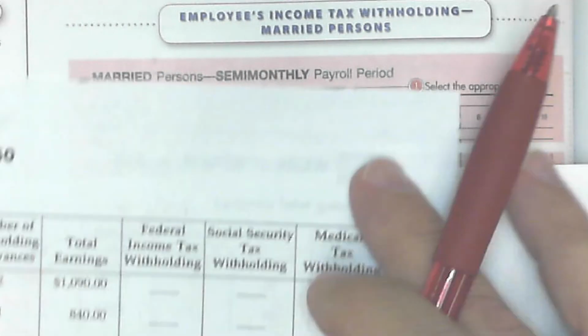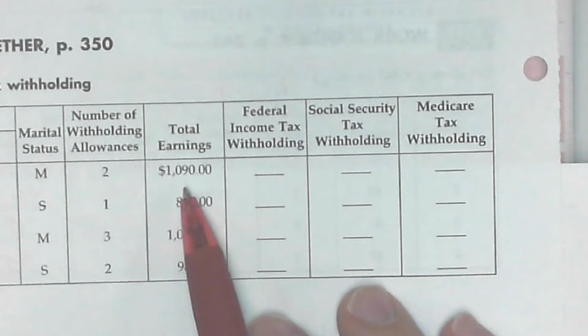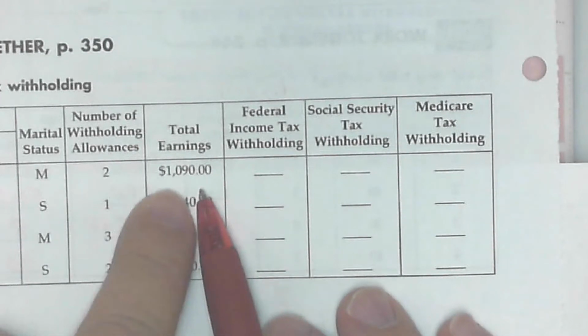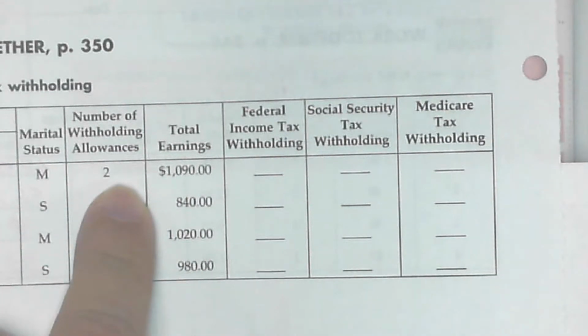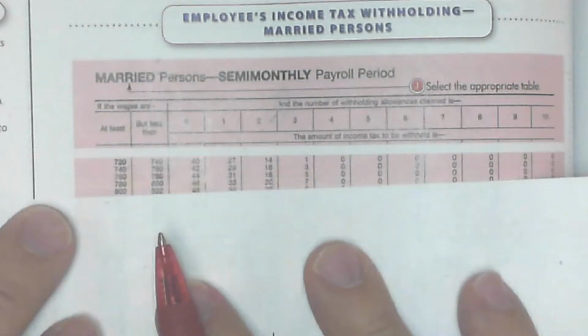So we'll start with this first one. Eric made $1,090. Yeah, 2 allowances. So we'll go down our list and find 1,090.